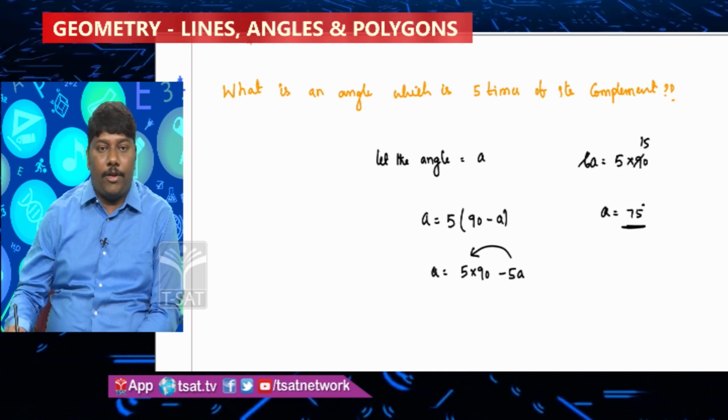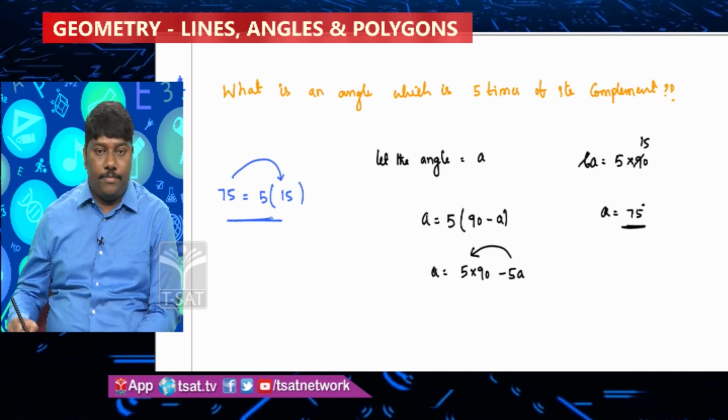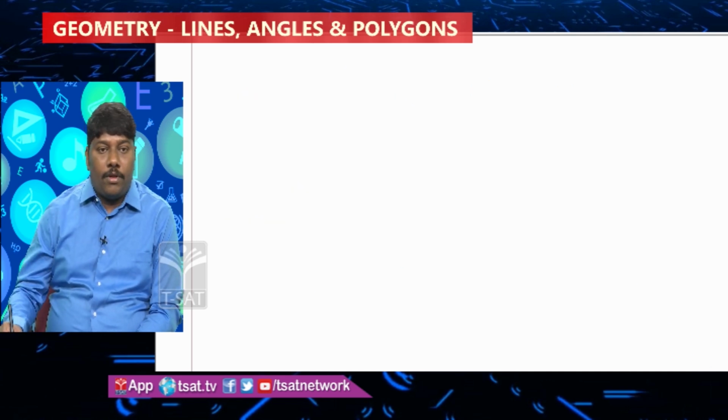You can just verify it also. The complementary angle of 75 is 15. Now look, 75 is how many times 15? It's 5 times 15. So I am asking you an angle which is 5 times its complement. This is one way of doing it. The other way of doing it: an angle which is 5 times its complement.